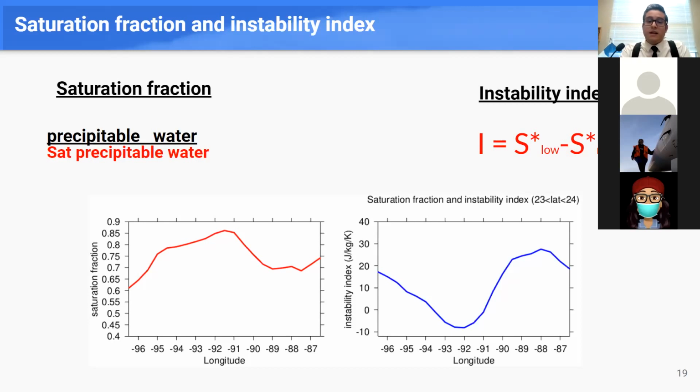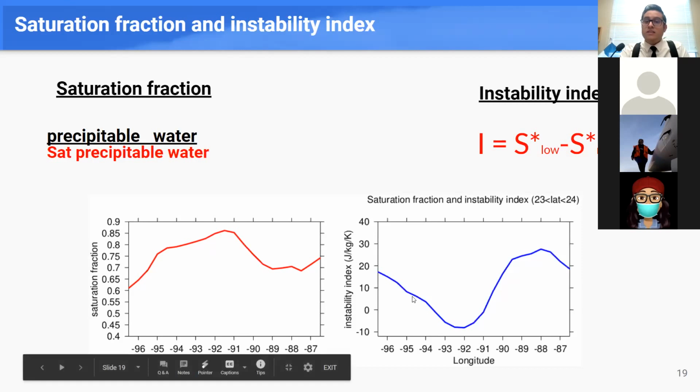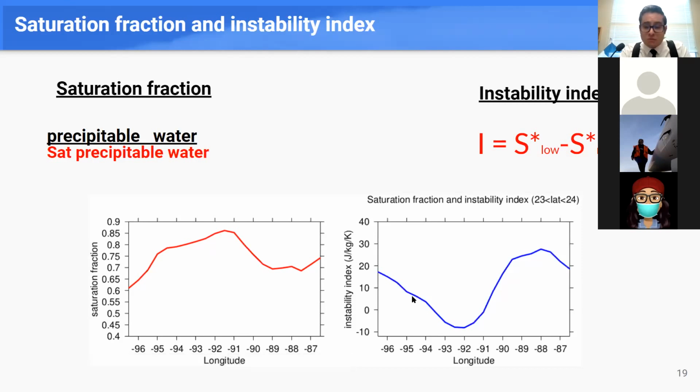All right. This is an example plot of how saturation fraction and instability index look. As you can see, when one of them goes up, the other one goes down. So it seems that there is an anti-correlation between both of them.